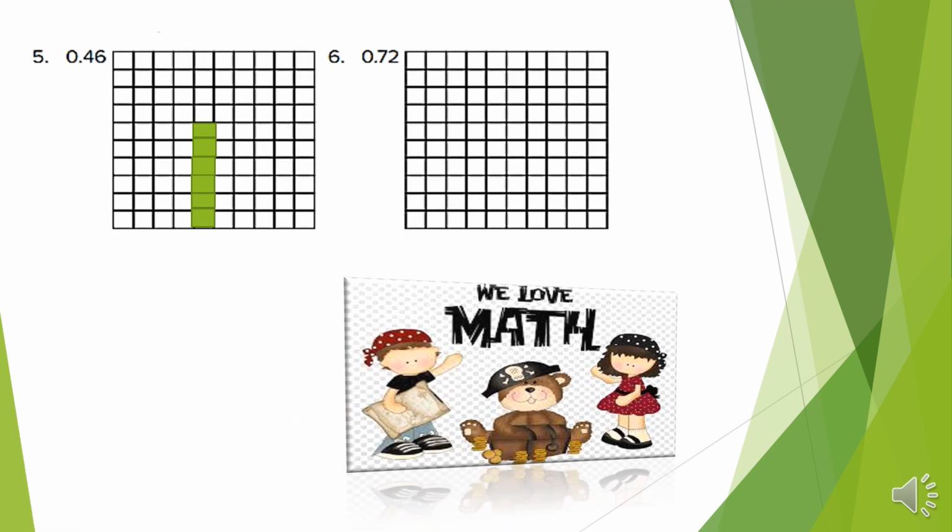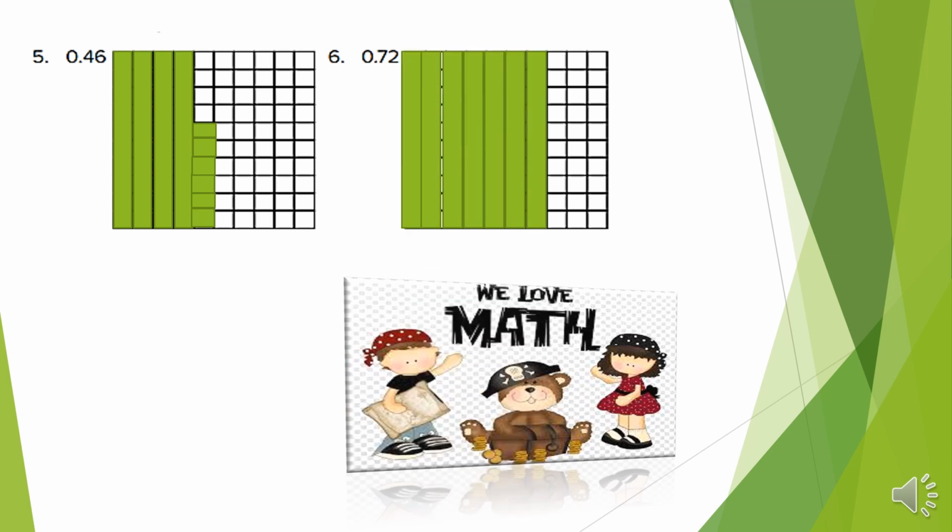Now we have number 5. Let's color 46 hundredths. We will color 4 columns representing tenths, and the 6 small squares representing hundredths. So let's solve it together. We color the 4 and then color the 6 small squares. 1, 2, 3, 4, 5, and 6.